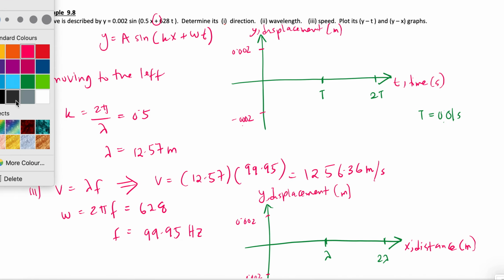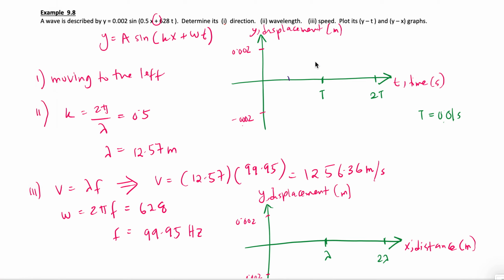Now let's use a different color for this. Purple. So it's a sine equation. It starts from 0. Is it flipped? It's not flipped because it's a positive sign. I need to label the middle. I like to make my dotted lines.